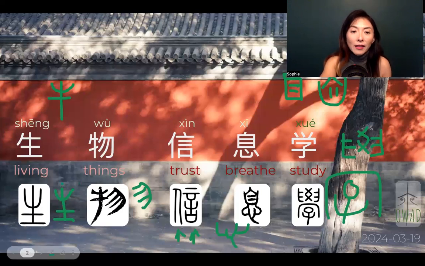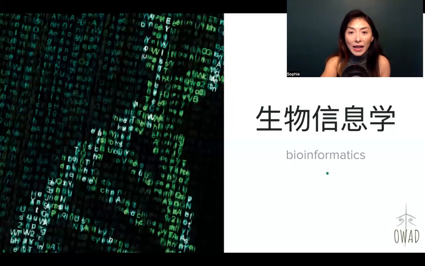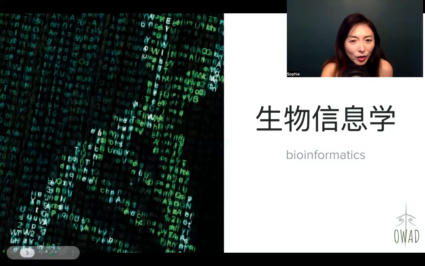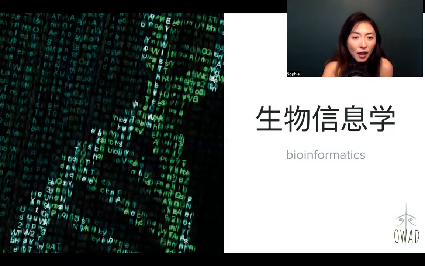Okay, so 生物信息学 simply is biology. 信息学 is informatics, so something about computerized or digitized. Well, in this case, it's not exactly 1 and 0, not binary, right? I mean, the coding system in this informatics involves both digits and letters.